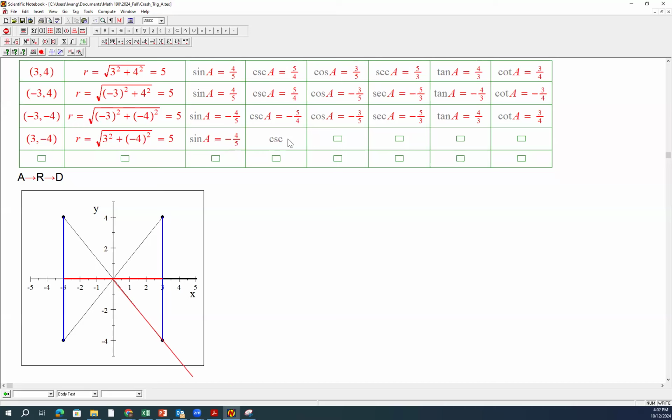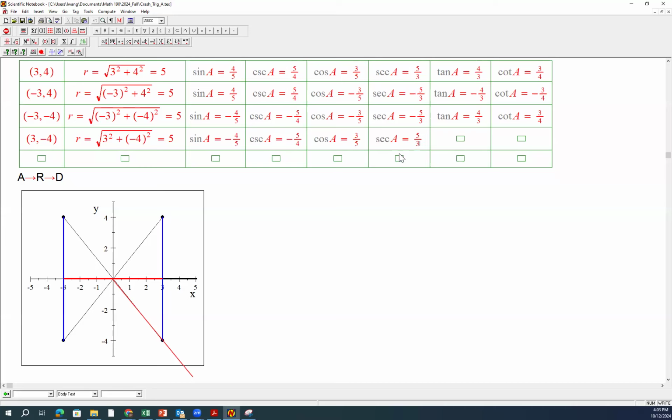Okay, so cosecant of A equals negative 5 over 4. Cosine of A would be equal to x over r. X here is 3, r is 5. And secant of A equals the reciprocal of cosine, right?